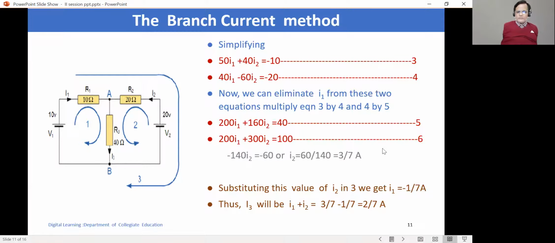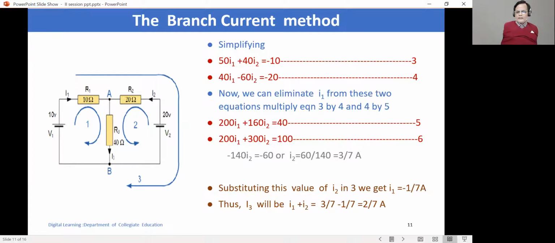Now, if we substitute the value for I2, it turns out that I1 will be minus 1 by 7. Therefore, the current I3 will now become I1 plus I2, which is 3 by 7 minus 1 by 7. So, that's equal to 2 by 7.